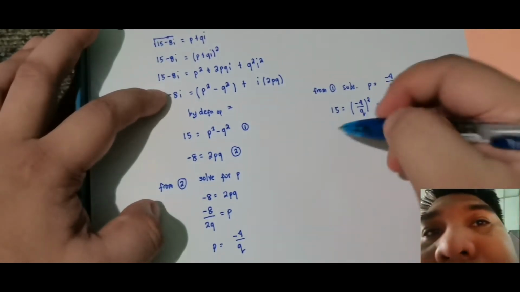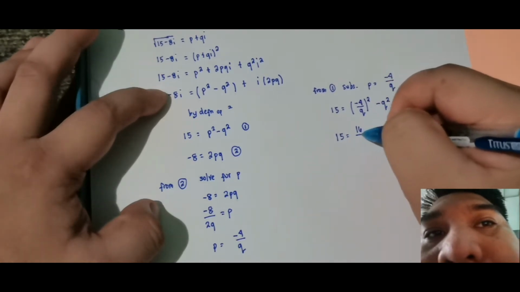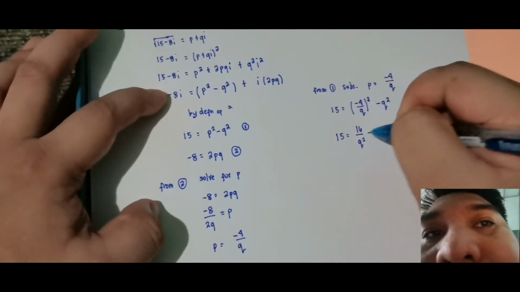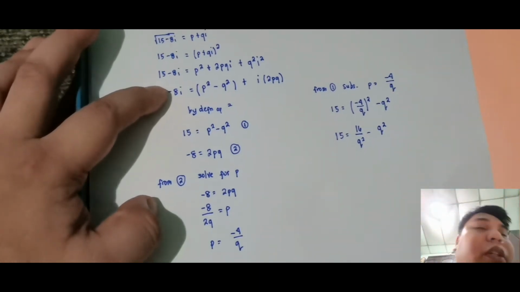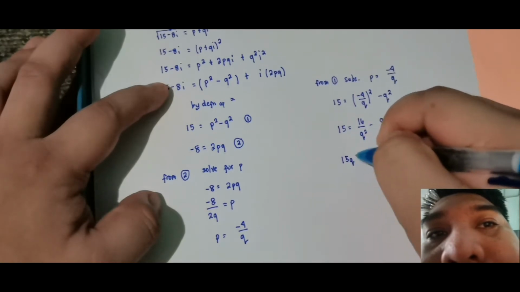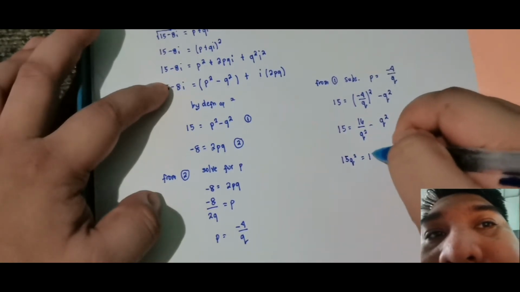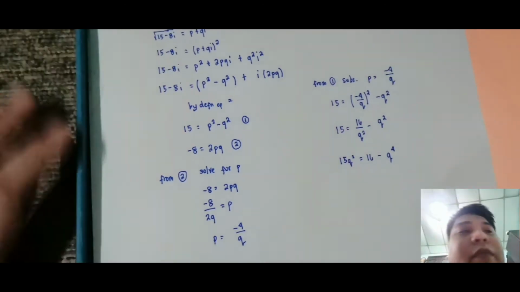Okay, then simplify, that's 15. This is 16 over Q squared minus Q squared. Then multiply both sides by Q squared. So that is 15 Q squared is equal to 16 minus Q to the 4th.